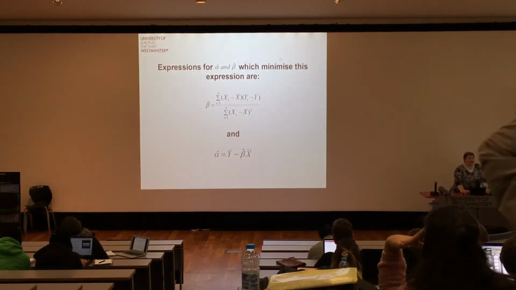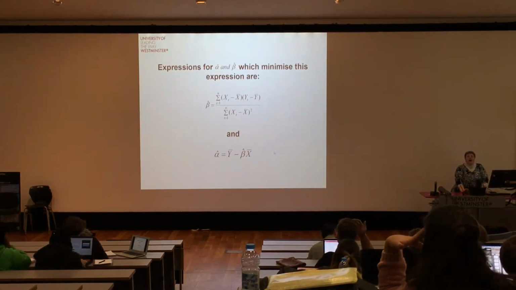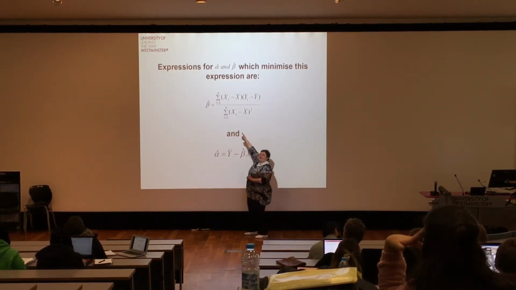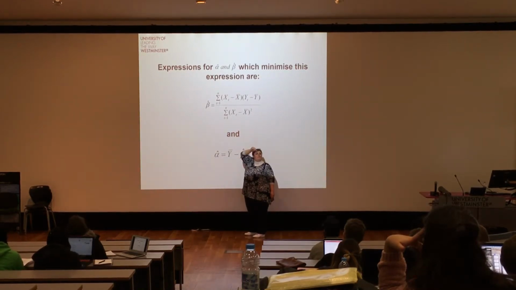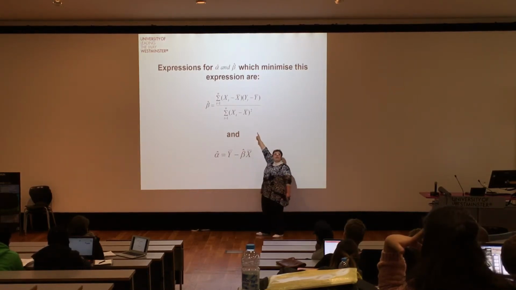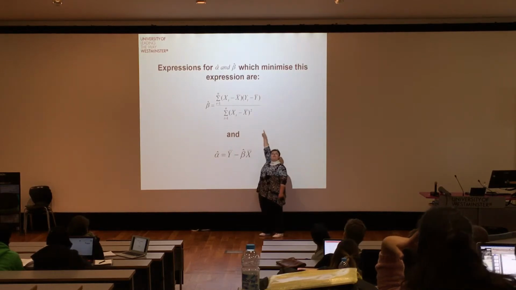So the formulas to calculate beta and alpha are these. Very simple. Look, i is the index of the observations. n is the maximum number of observations, so you go from 1 to n and sum the difference between the x's and the mean of the x's, times the difference between the y's and the mean of the y's, divided by the sum of the squared differences of the x's.